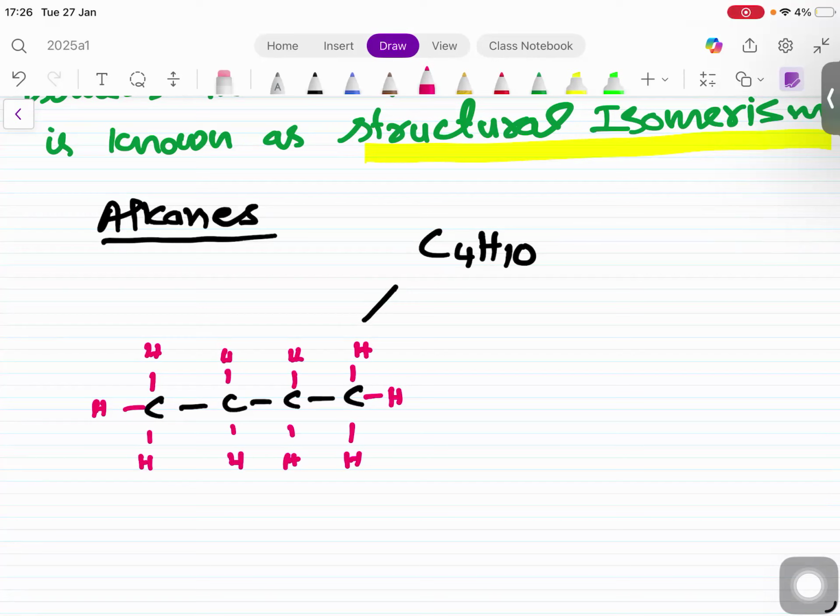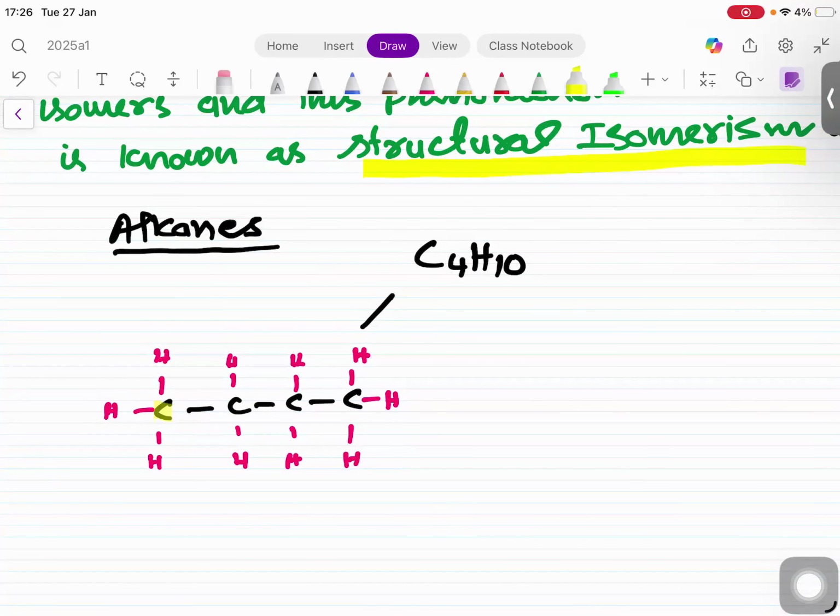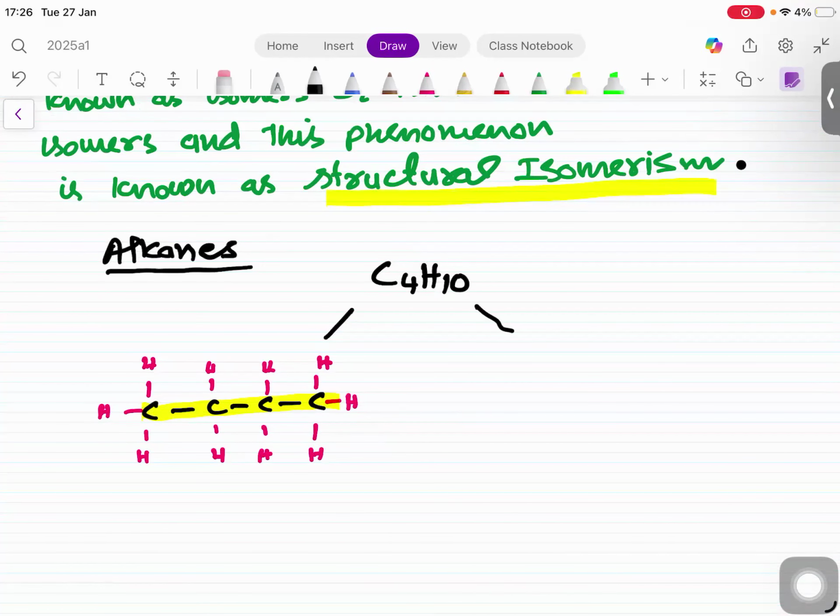But the other day, I told you that this is not the only case. There is another way of doing this. Instead of putting all 4 carbons in one chain, we can put 3 carbons in a chain, and the 4th carbon on the branch, but not on the terminal carbons.